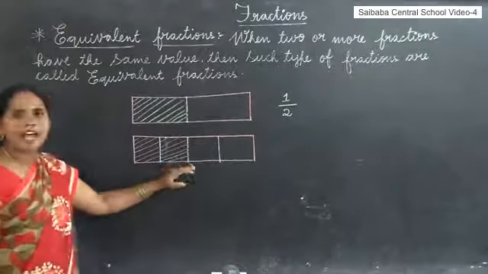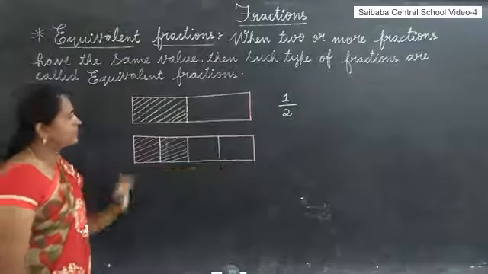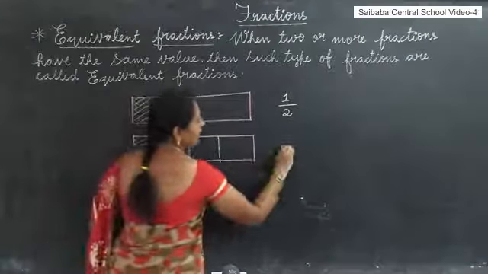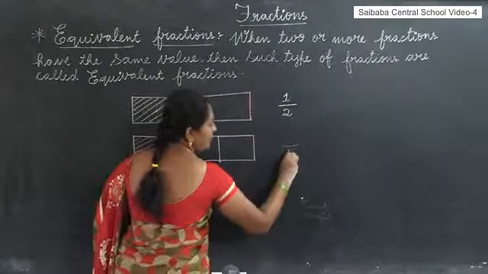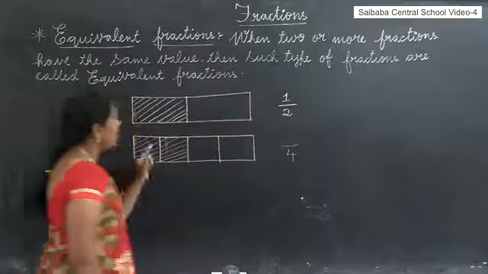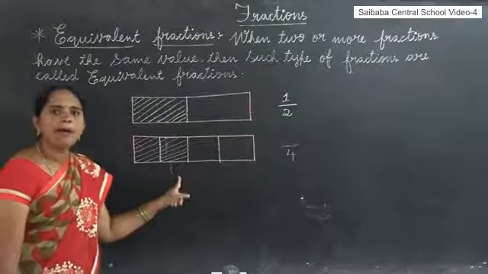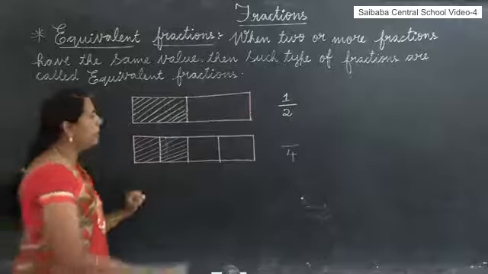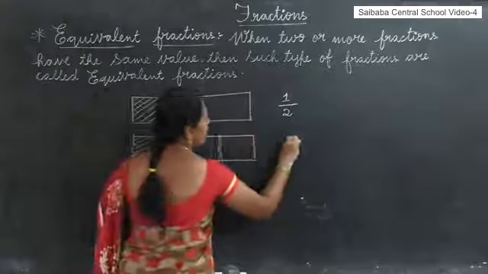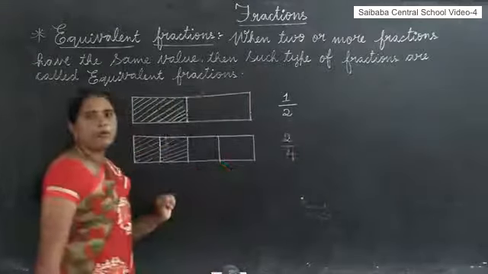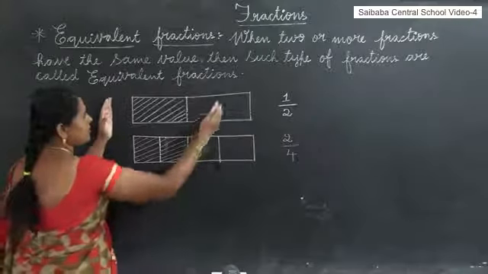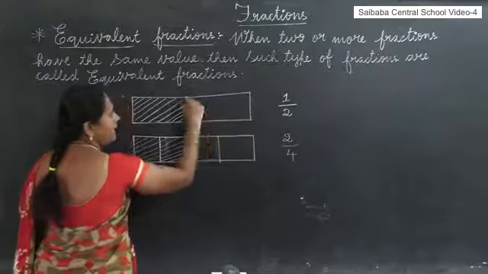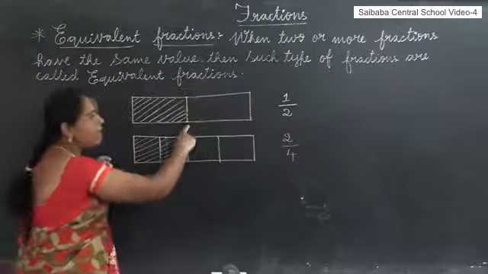Now, what is the fraction of this? Good. 4 parts are there, right? 4 parts have to be taken in the denominator. In the 4 parts, how many parts are shaded? Good. 2 parts are shaded. So, what is the fraction? 2 by 4.